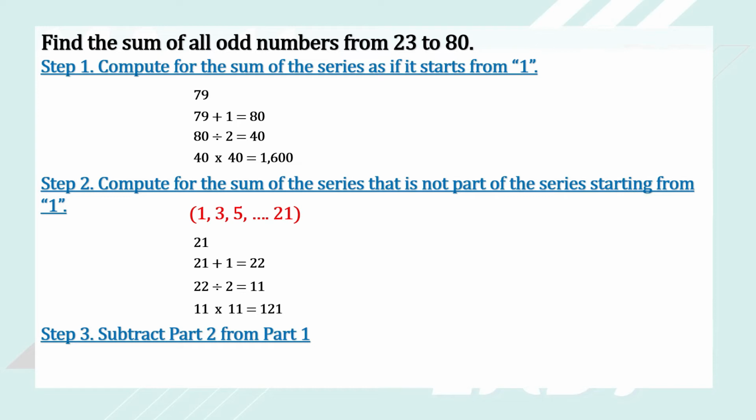Ibig sabihin, yung nakuha natin sa step 2, ibabawas natin siya sa step 1. So, 1,600 minus 121 is equal to 1,479. Yan ang ating result. O yan yung sum of all odd numbers from 23 to 80.